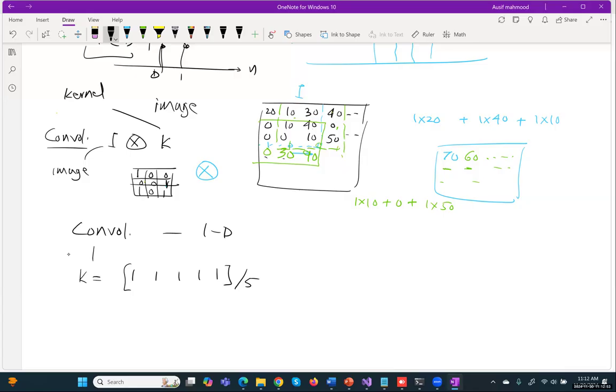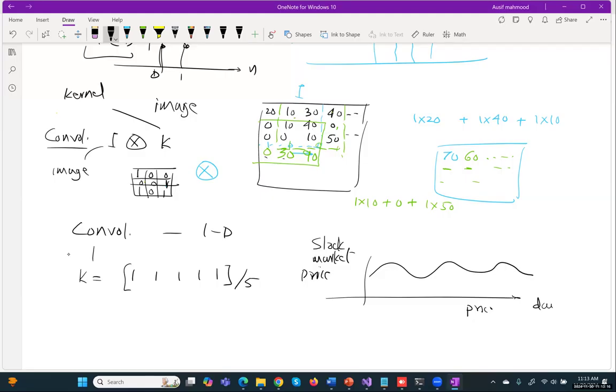Suppose you're given stock market data, and the data looks like this. This is the price of some stock. The y-axis is the price, the x-axis is the day. Every day the price is changing, right?